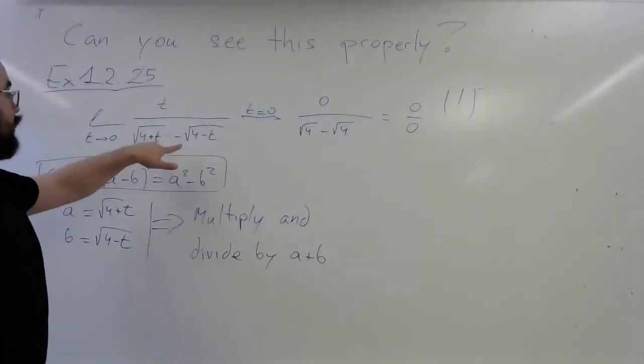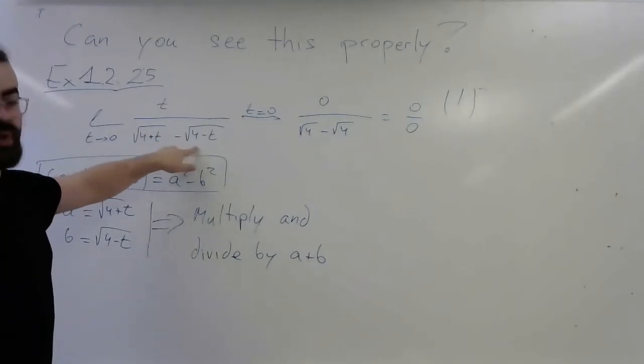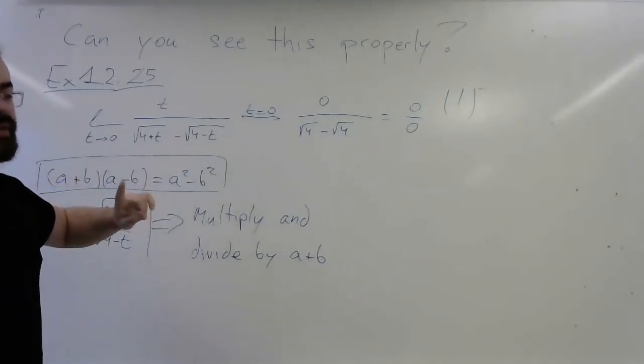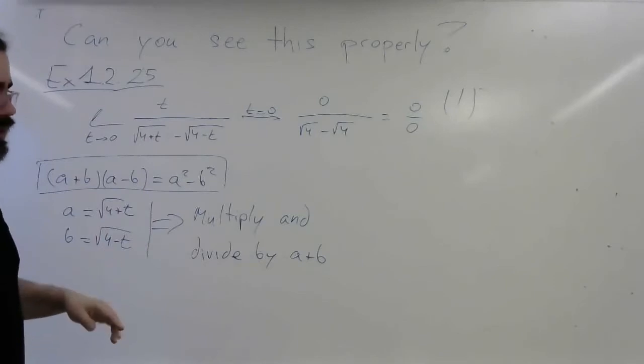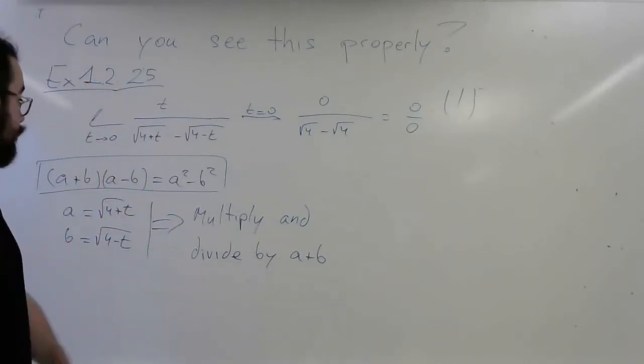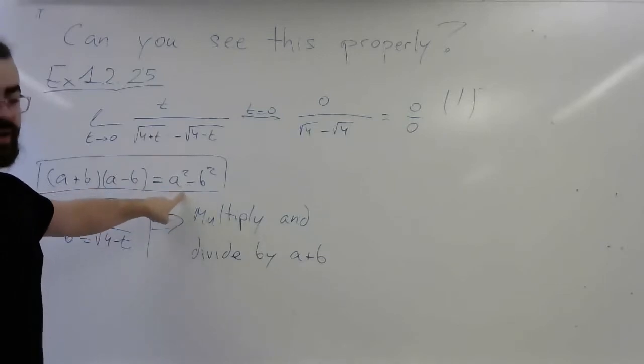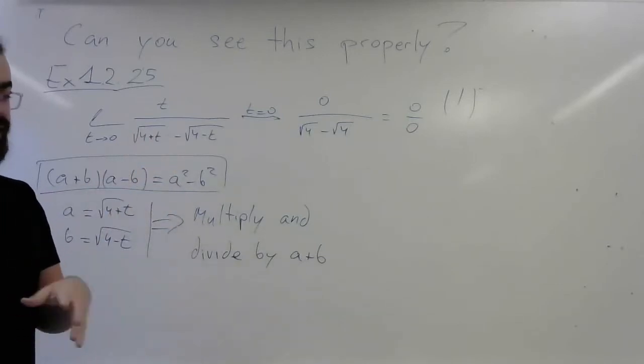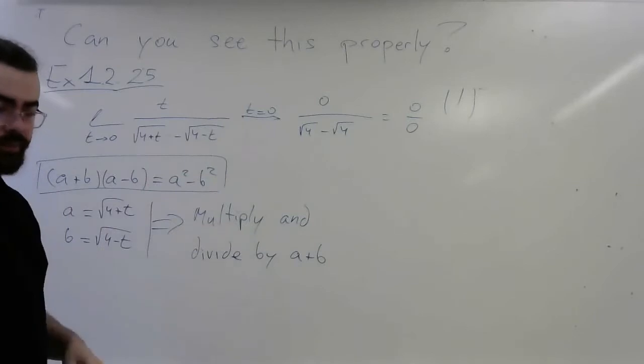What we are going to do here, this is a, this is b, we have a minus b. We're going to multiply and divide by a plus b. So in the denominator, we have a minus b times a plus b, just this difference of squares here, and we can solve that into something that is not 0.